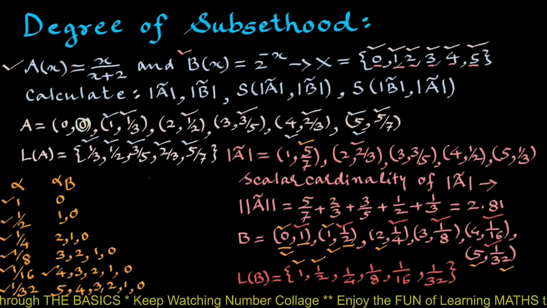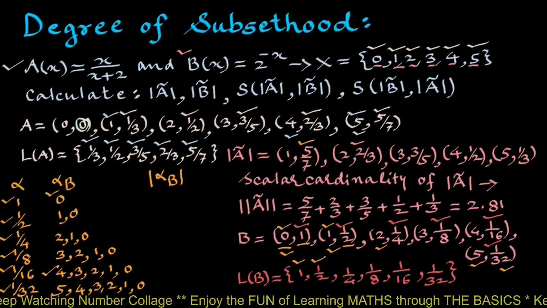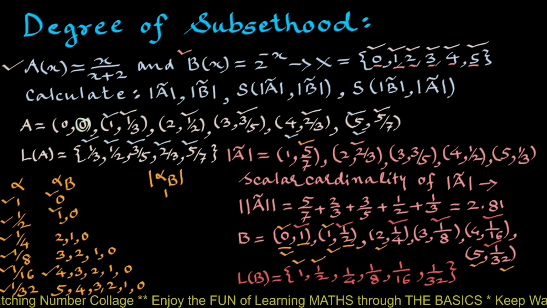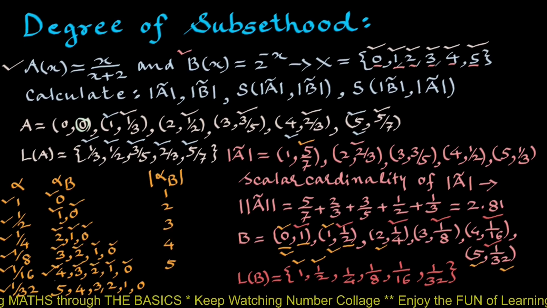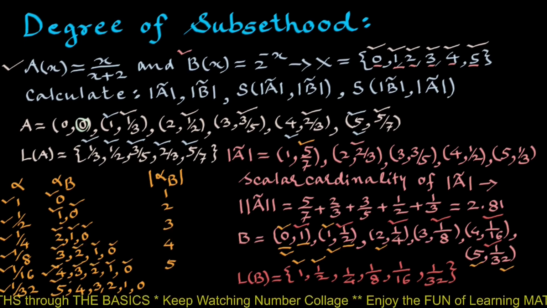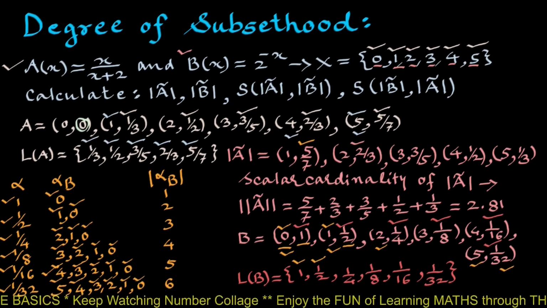And third column, scalar cardinality of alpha cut B, for this single element 1, for these two elements 2, etc., and for these 6 elements 1, 2, 3, 4, 5 and 6 here.